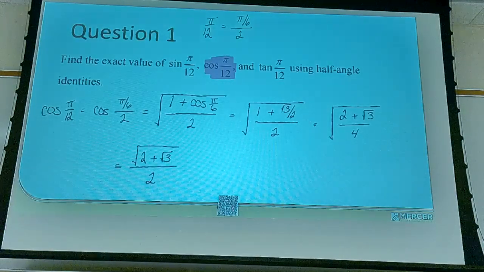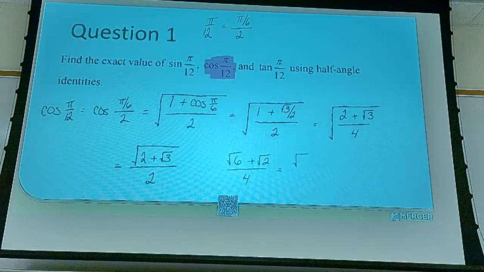Square root of 2 plus root 3, all over 2. That was cosine pi over 12 from Wednesday, right?